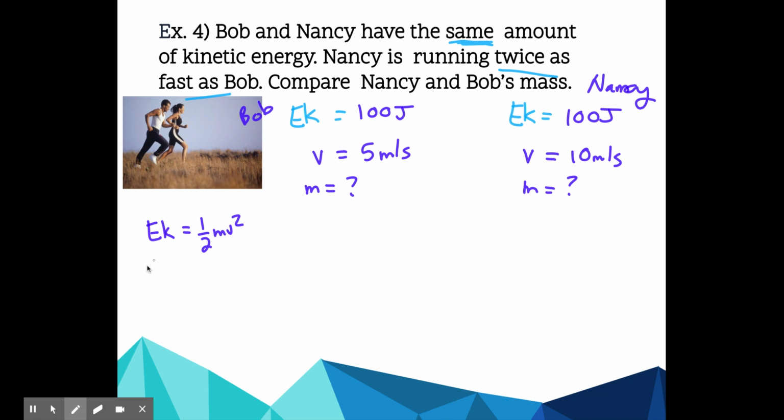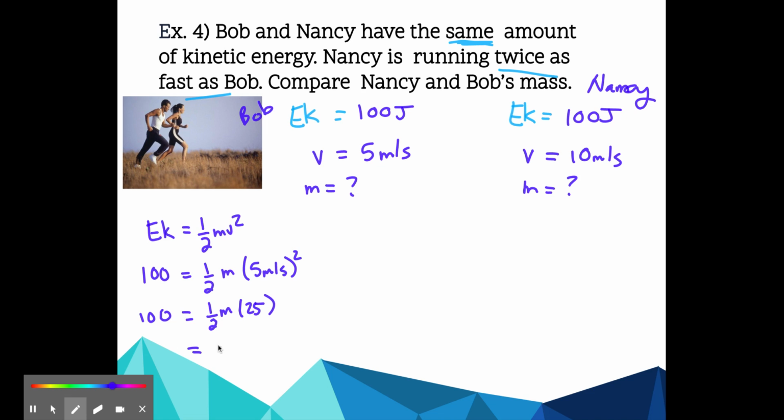I'm going to solve for m. 100 equals 1/2 times mass, which I don't know, times velocity, 5 meters per second, squared. So I'm going to go 1/2 times 25. 25 divided by 2 is 12.5, times m, and I go 100 divided by 12.5 to get m on its own.